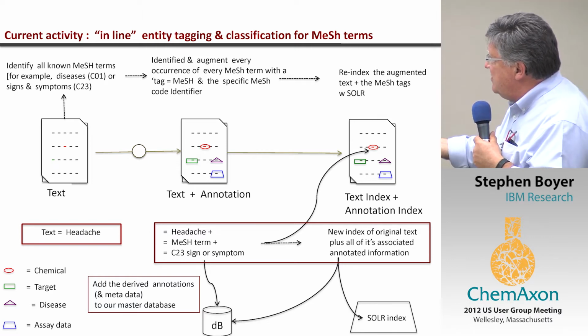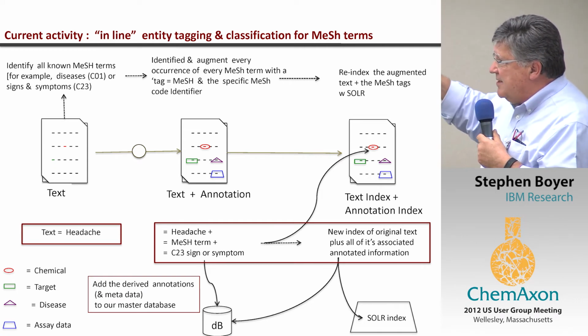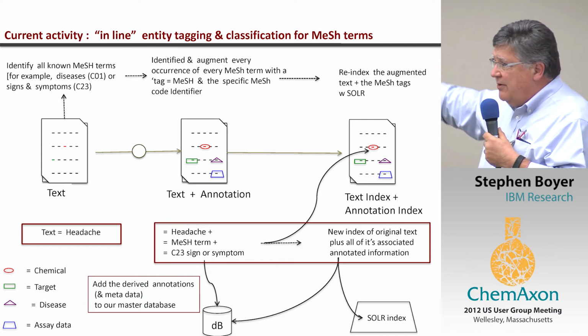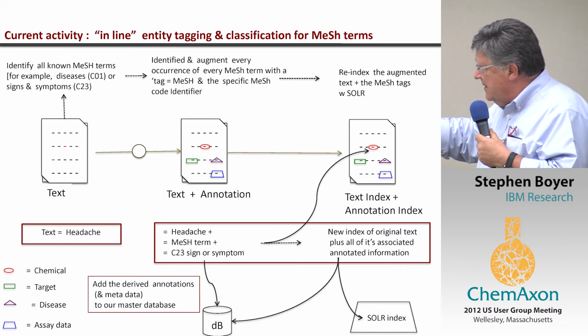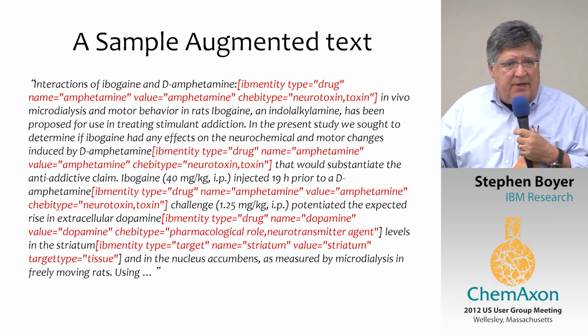Here's the word headache. It's a MeSH term, and by the way, it's a C23 MeSH term. That gets put back into the document. So here's an example of how some of the text can be augmented.